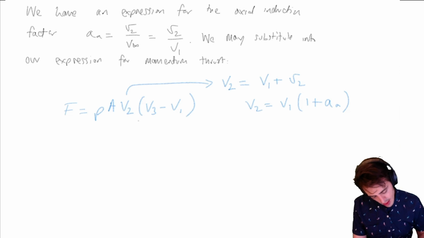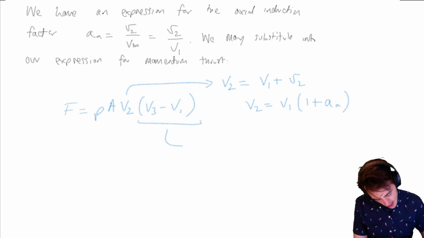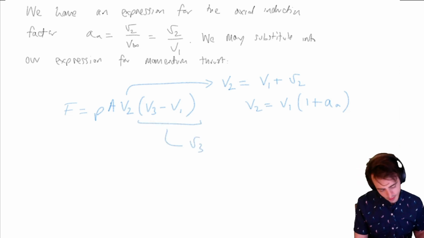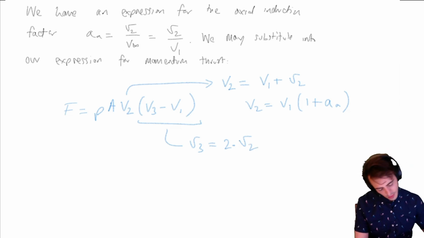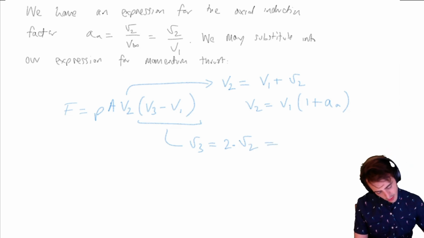We can then say this one here, this is V3, which is equal to 2 multiplied by V2, which is equal to a multiplied by V1 multiplied by 2.